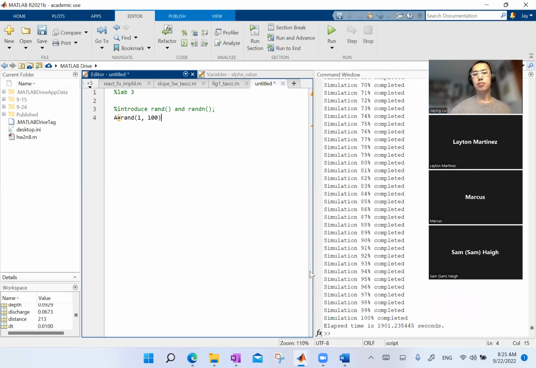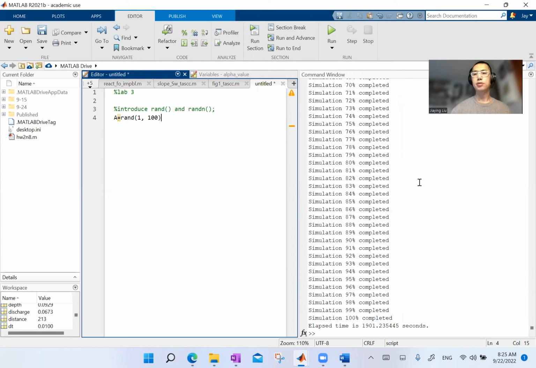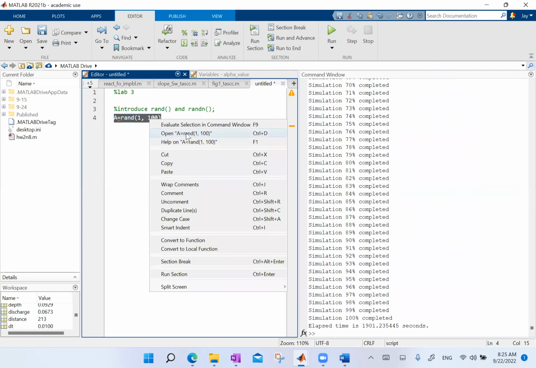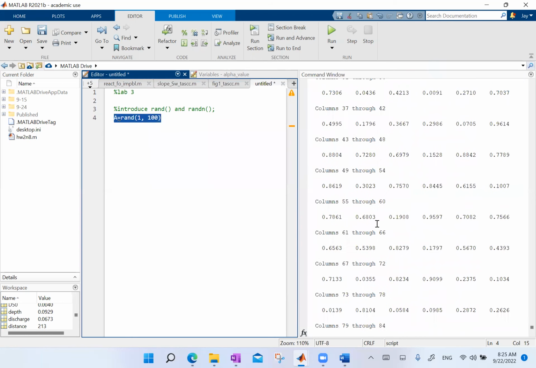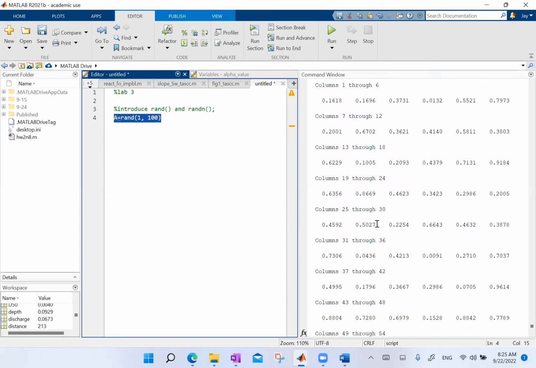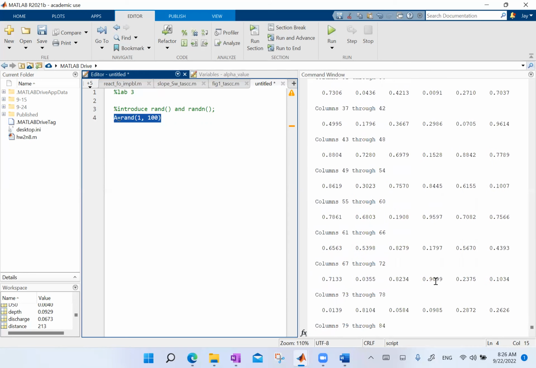Let me make this smaller and put this away. If I highlight this and evaluate it in the command window, you can see it gives me 100 numbers, and all of them are positive, between 0 and 1. You get 0.8, 0.88, then 0.3 and 0.1. Those numbers are generated randomly. So that's the rand function.